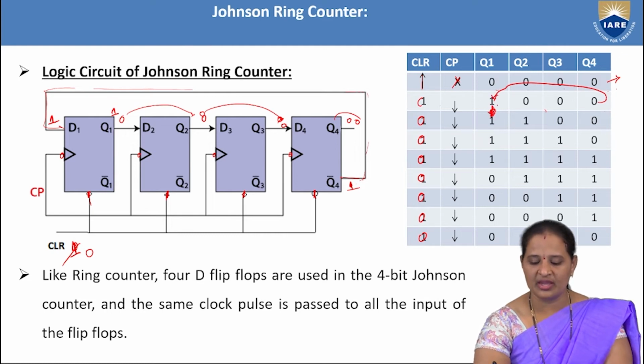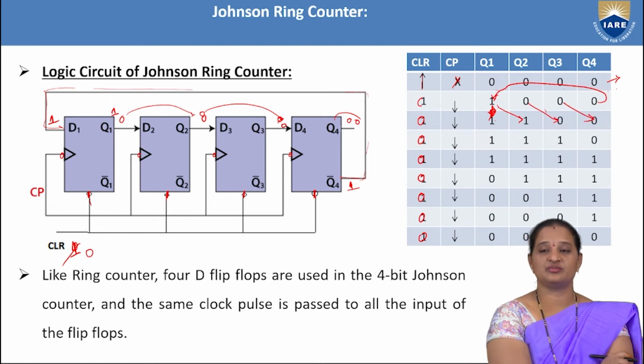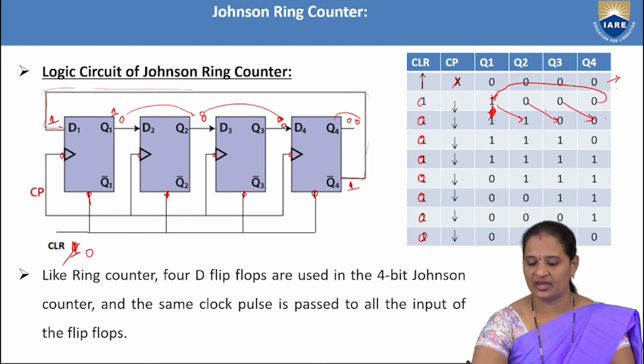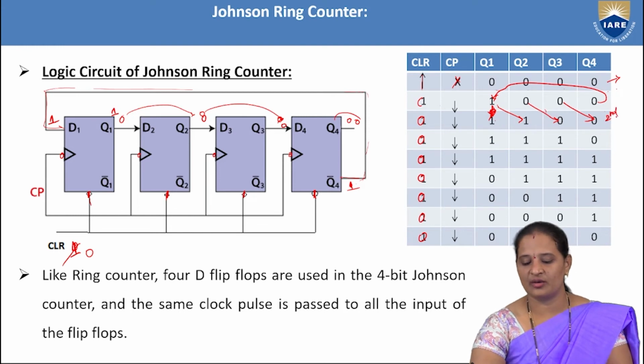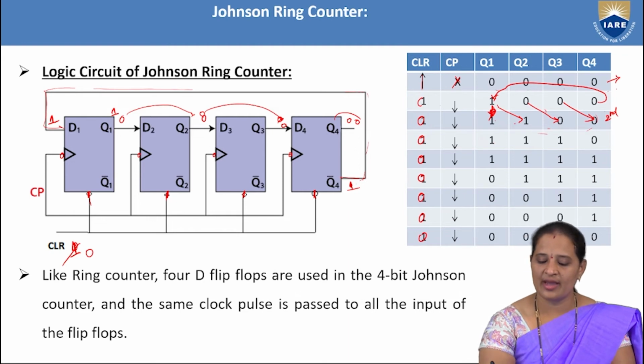That means this will be 1 again, and this one is pushed here, and this 0 is pushed here. That means during the second clock pulse, what is the state of the Johnson ring counter? 1 1 0 0.